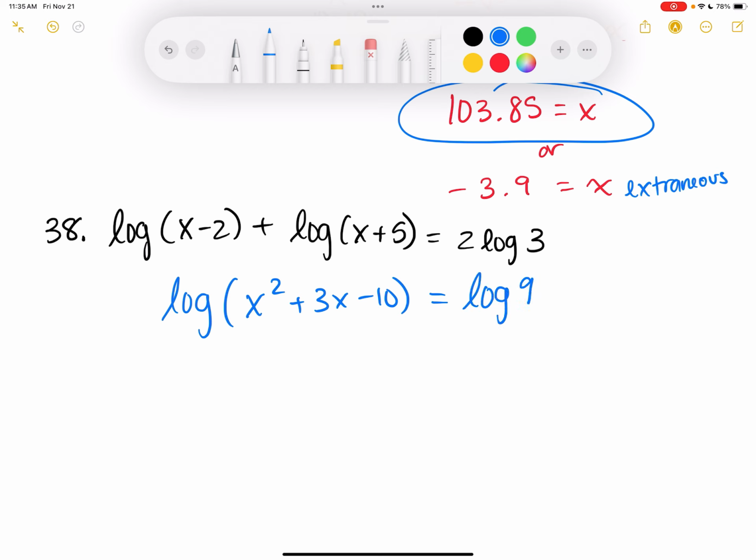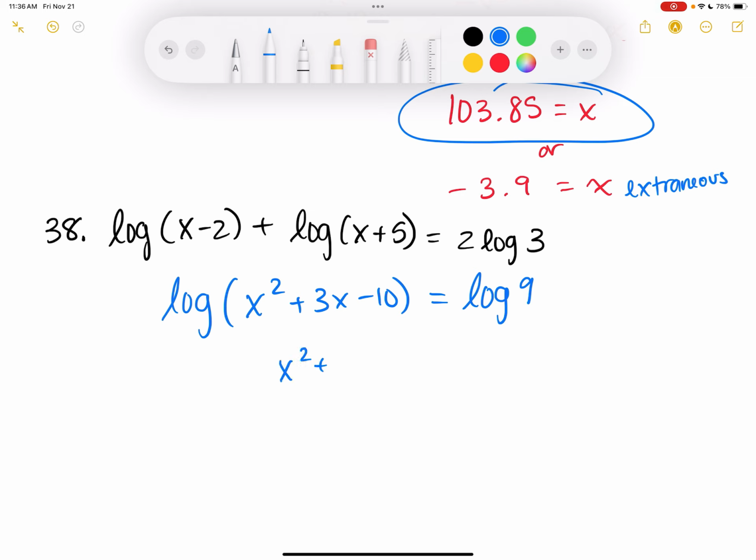Now, what's true about both of these logs? Well, obviously there's an equal sign between them. The numbers inside are equal because if log of A equals log of B, A equals B. So this base is 10 and this base is 10, that's what I'm trying to say. The bases are the same, so now the stuff inside has to be equal.